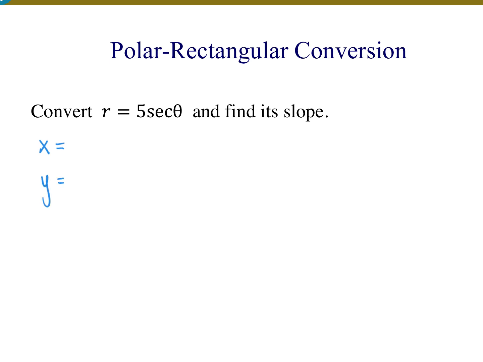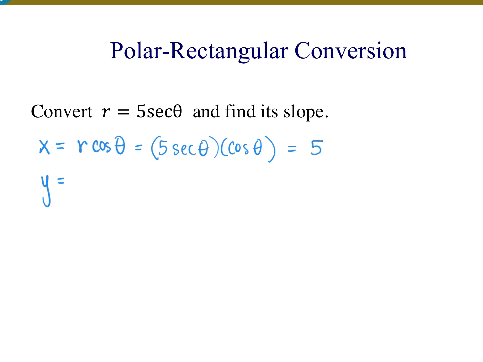So we know that the definition of x is r cos theta, and our r this time is 5 secant theta, and then multiply that by cos theta. What happens when you multiply 5 secant theta times cos theta? Yeah, and what do you get? You get 5.